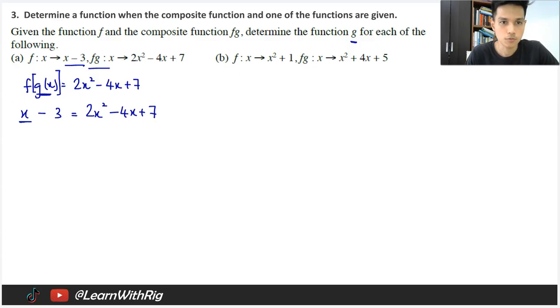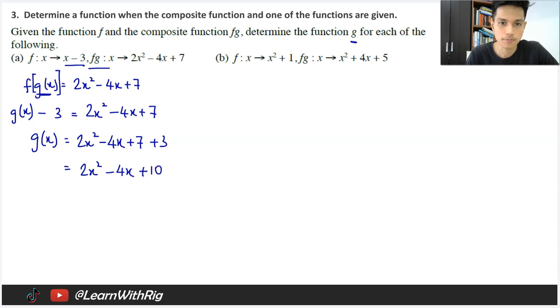So you have to change this to g(x). Okay, so you just have to shift everything and you will get your g(x). So g(x) is equal to 2x squared minus 4x plus 7 plus 3. So it's equal to 2x squared minus 4x plus 10. This is your g(x).